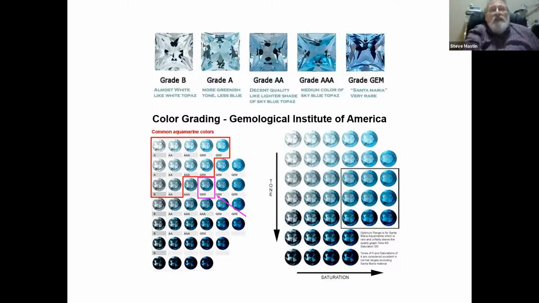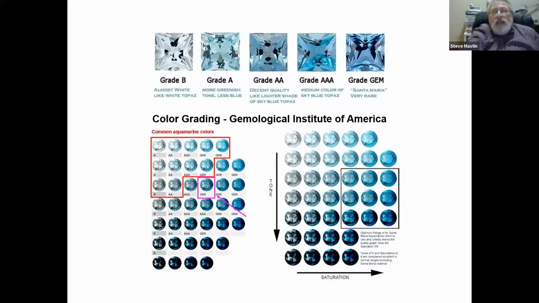And you can see that instead of just those 5, the GIA has this huge chart. And right in the middle, not too light, not too dark, is gem quality. That's the Santa Maria, big arrow pointing at it. All that stuff off on the top, that's ugly as far as GIA is concerned. And all the stuff at the bottom can't possibly have any brilliance or sparkle, because you can't see through it. It's pointless.